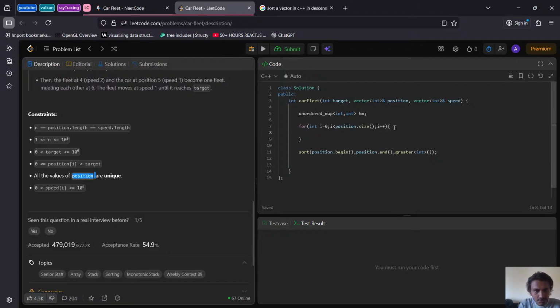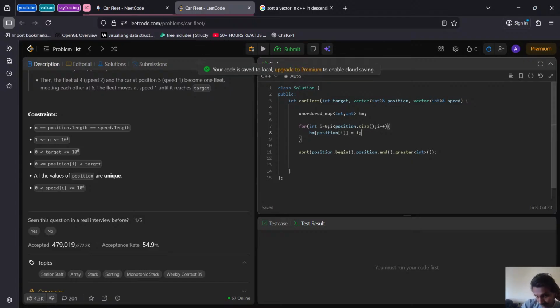So what we do is simply add the position and its index: hashMap of position i is i.